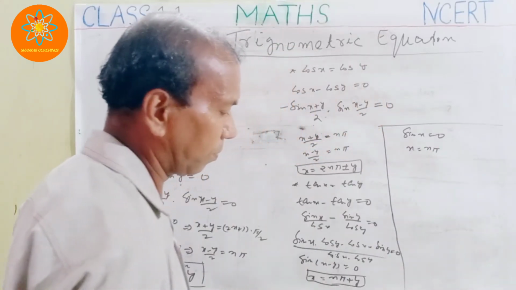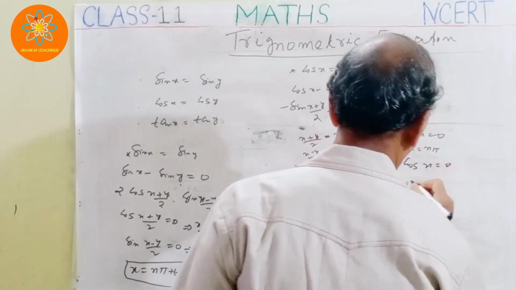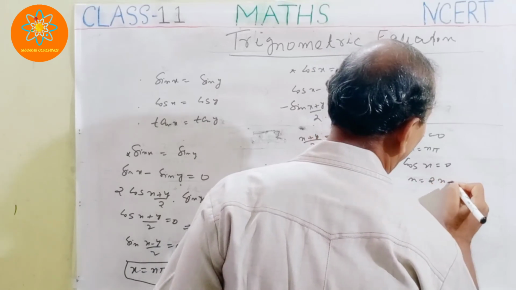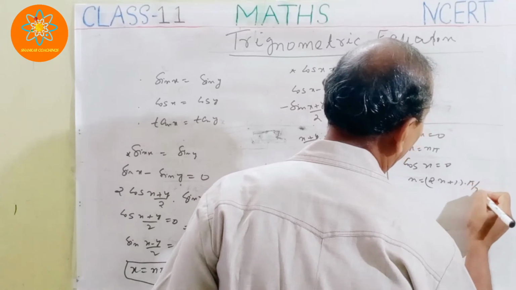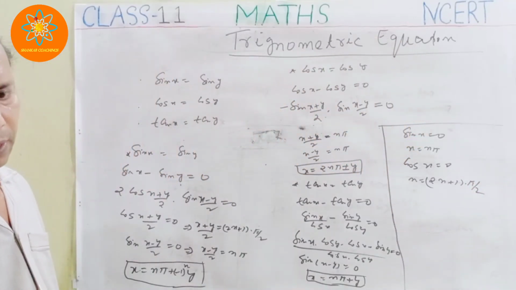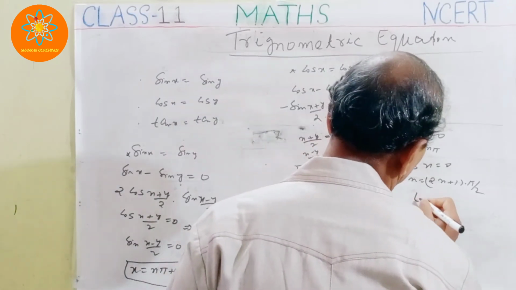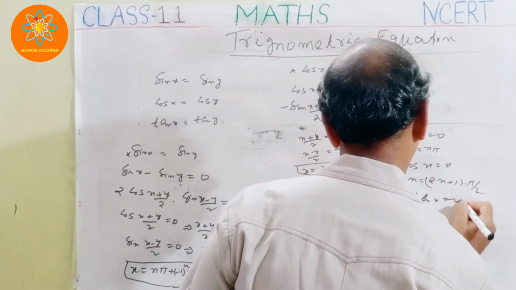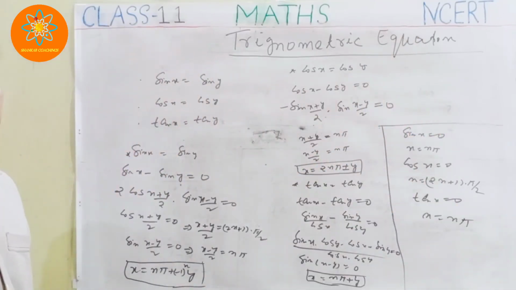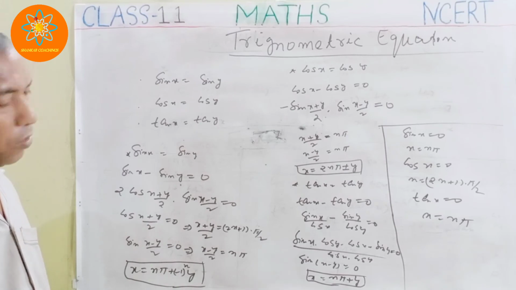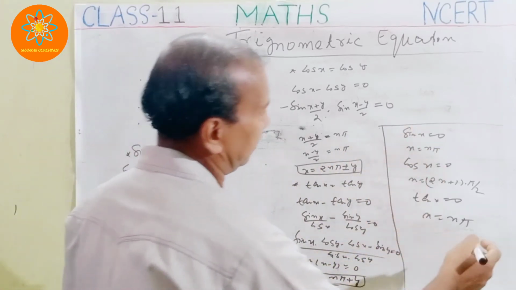Similarly, we have cos x is equal to 0, so x is equal to (2n plus 1) into pi by 2. Then the last one is tan x is equal to 0, or x is equal to n pi. So these are the solutions of trigonometrical equations, where these three are the special cases.